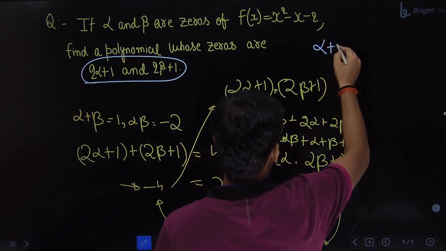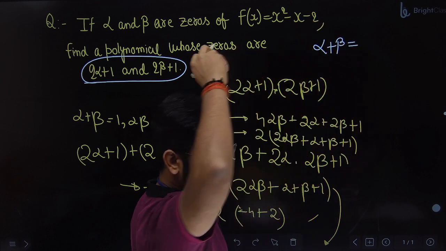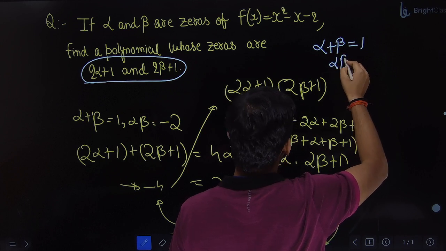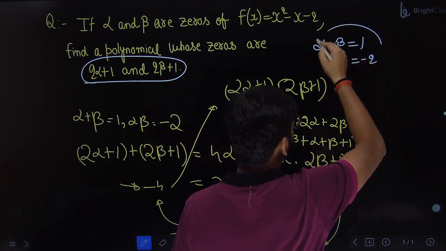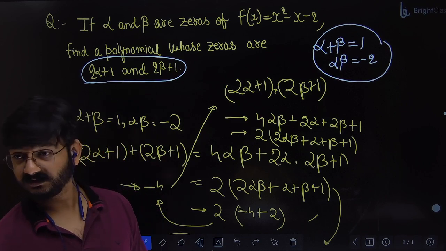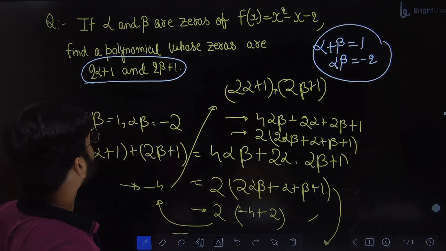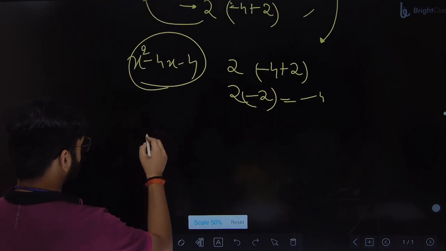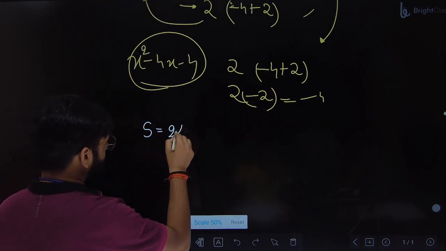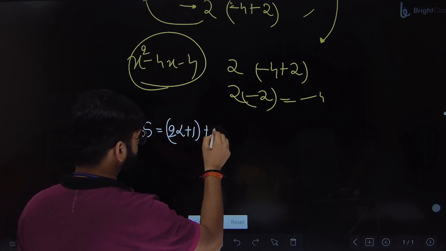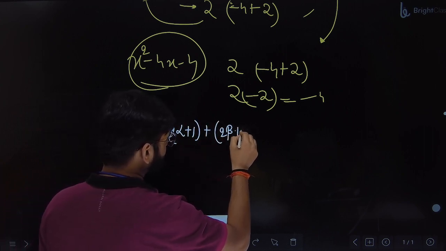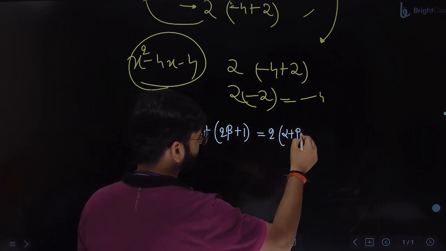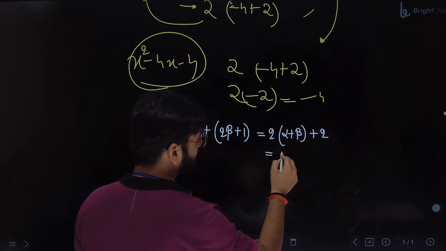Okay, we'll check whether it is minus 5. So what is alpha plus beta from this equation? Check. Plus 1. What is alpha into beta? Anyone in the class who is having a problem in writing this? Now, 2 alpha plus 1, 2 beta plus 1. So sum of roots: 2 alpha plus 1 plus 2 beta plus 1. Add them. So when you add them, it will be 2 times of alpha plus beta plus 2. Correct? What is alpha plus beta?